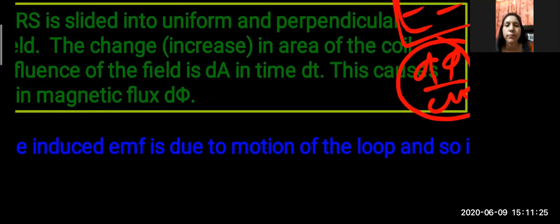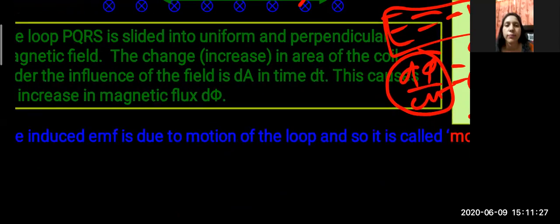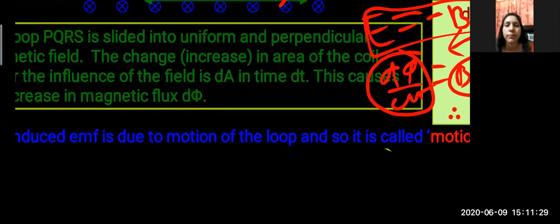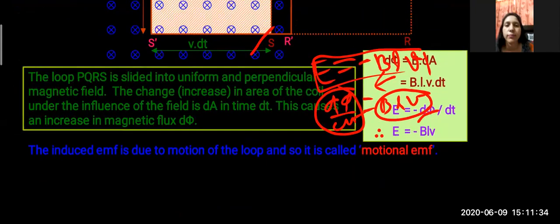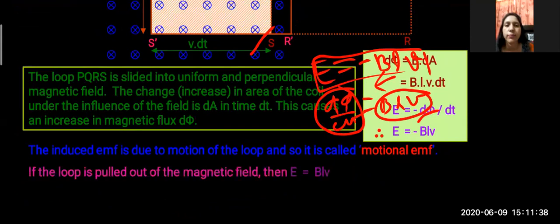The EMF induced due to the motion of the loop is called motional EMF. This induced EMF, minus BLV, is called motional EMF. In this case, the loop is taken into the magnetic field, so motional EMF is minus BLV. If the loop is pulled out of the magnetic field, then E equal to BLV.